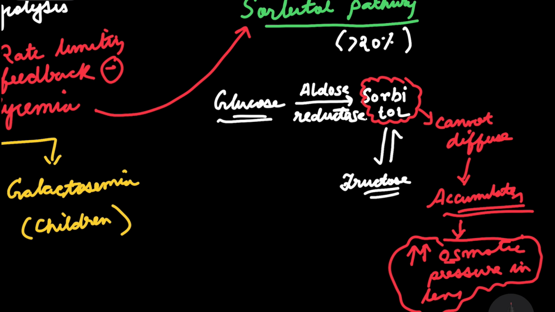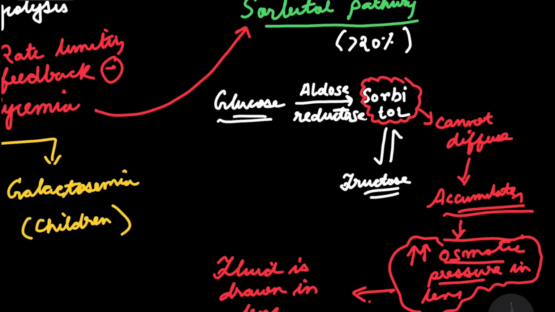So increased osmotic pressure within the lens means that there is increased concentration of the sugar within the lens, which means there is decreased concentration of the fluids within the lens. So now there is more fluid outside the lens than inside the lens. So what will happen? Fluid is drawn in the lens.